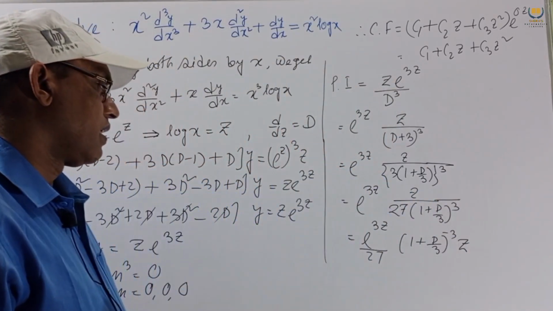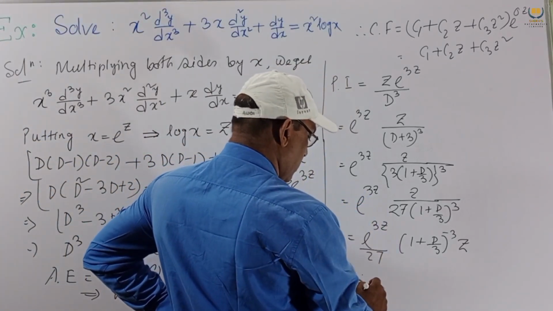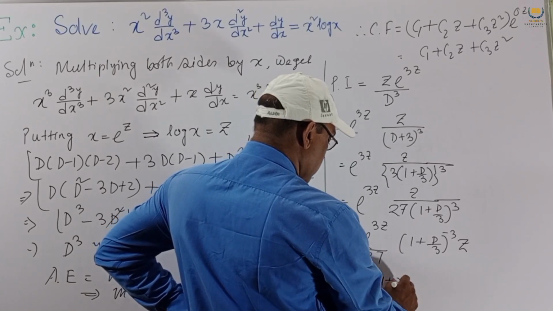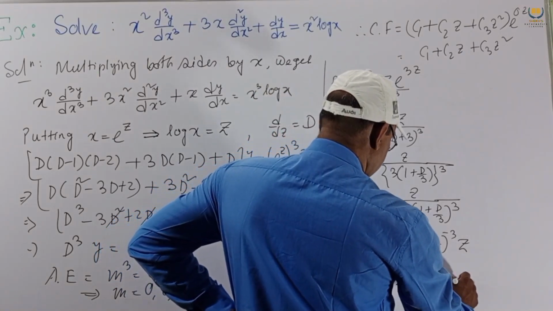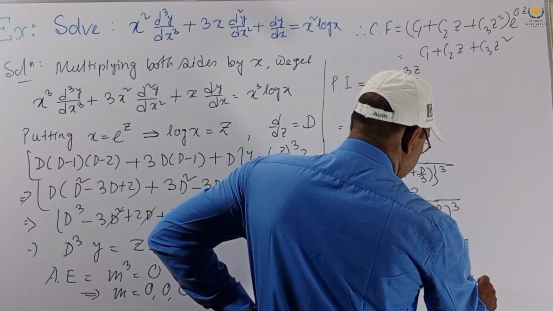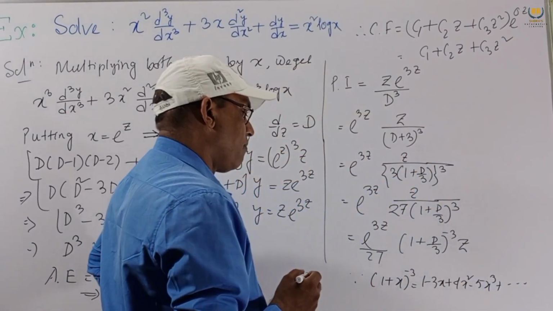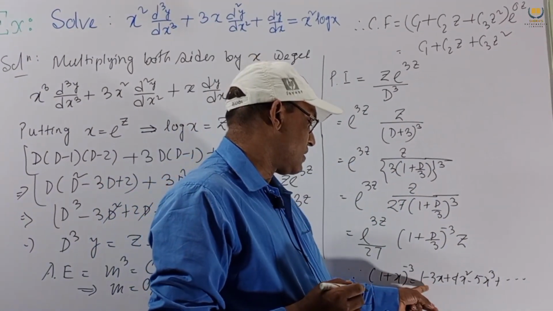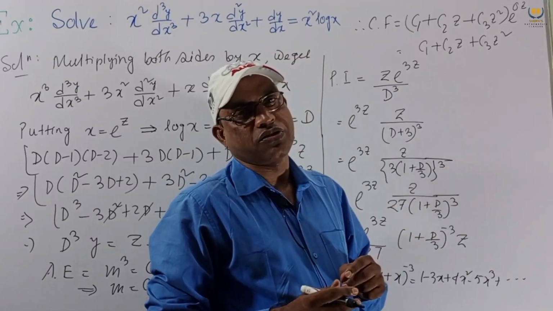And we know this binomial series: 1 plus x whole to the power minus 3 is 1 minus 3x plus 6x square minus dot dot dot. We can write in this way.